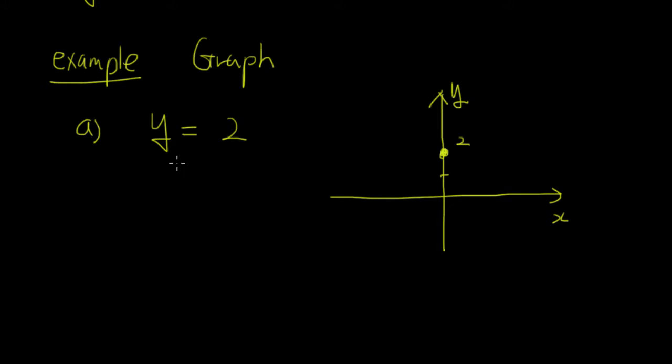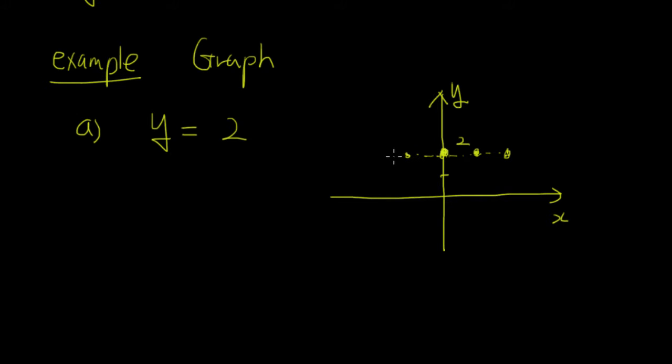But since this doesn't have any restriction on x, y is 2 at this point, but what about this point right here? The y value is also 2. What about this point? Also 2. And this point? Also 2.